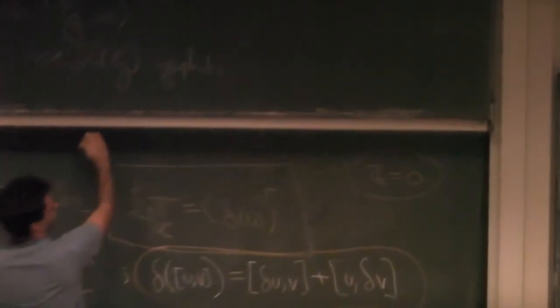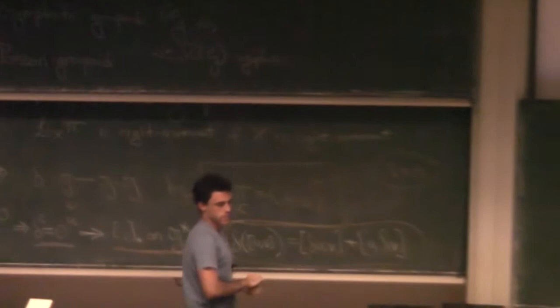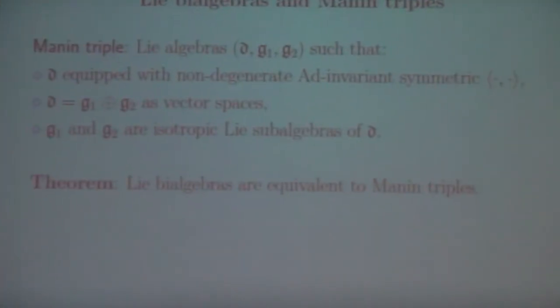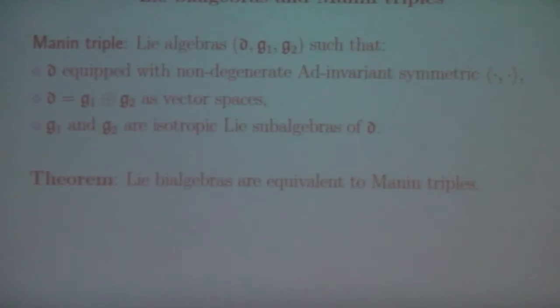So that's the infinitesimal story. And why does it help you? There are some immediate consequences of this fact. One is that the symmetry between g and g star is manifest with the definition of a Manin triple.